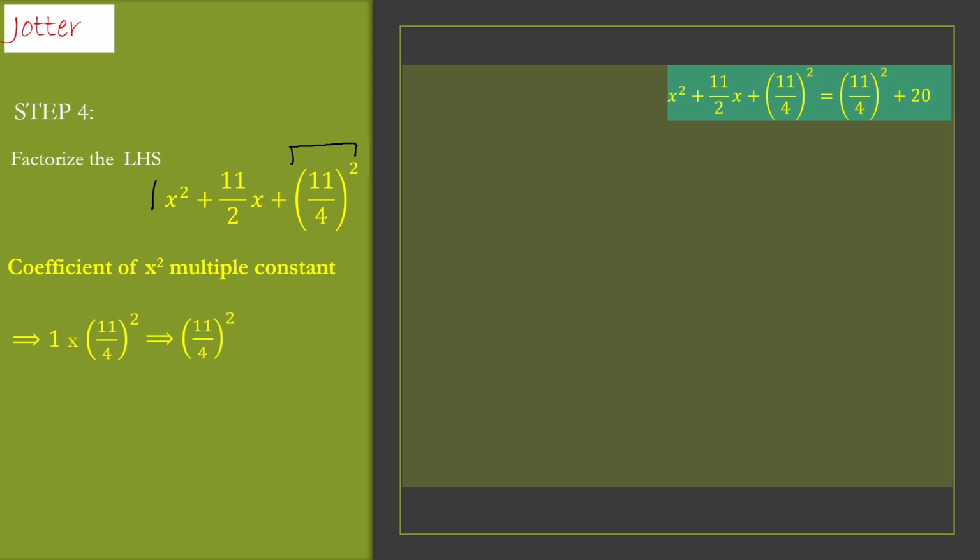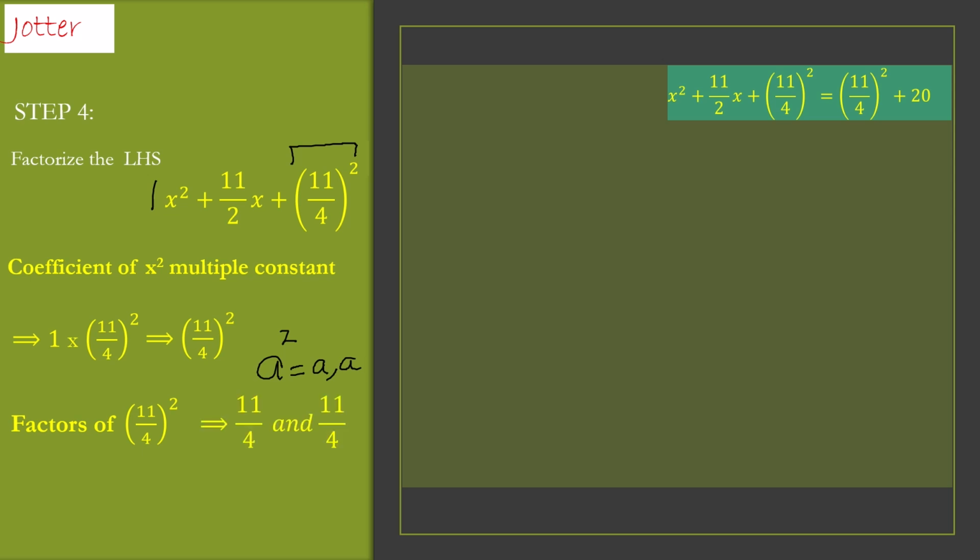We want to find the factors of this. If we have a squared, the factors of a squared will be a and a, because a times a will give us a squared. So same thing here, 11 over 4 squared, we have its factors as 11 over 4 and 11 over 4. What are we doing?